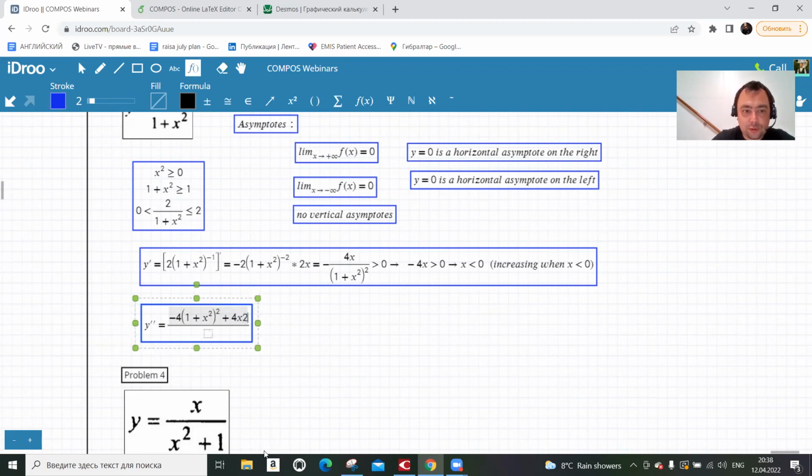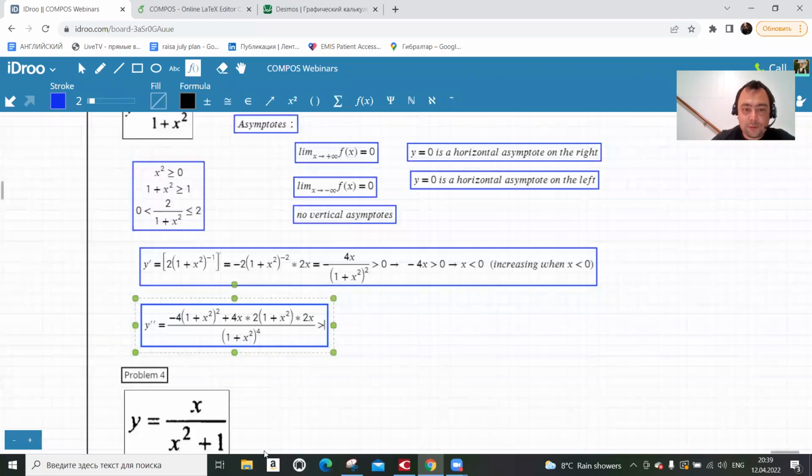So there's going to be 2, so multiplied by 2, (1 plus x squared), and multiplied by 2x, divided by 1 plus x squared to the power 4 in this case. And we're interested where this is greater than 0.